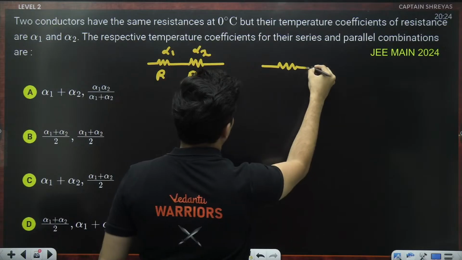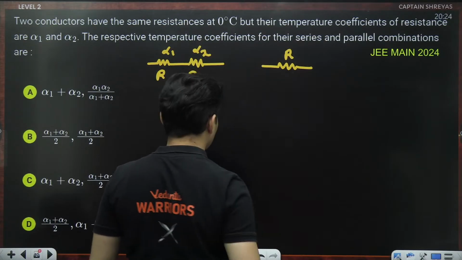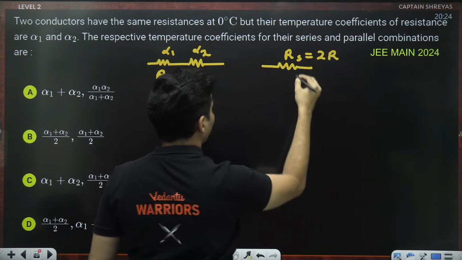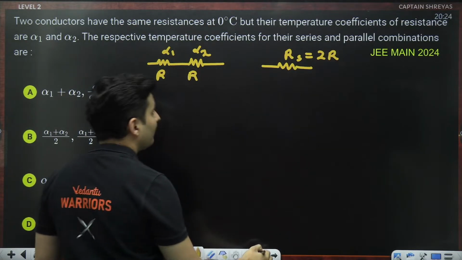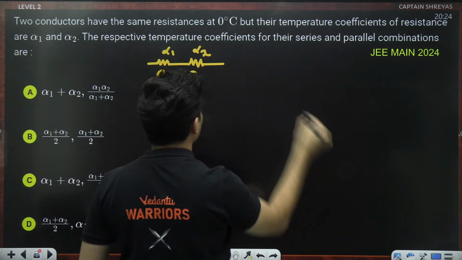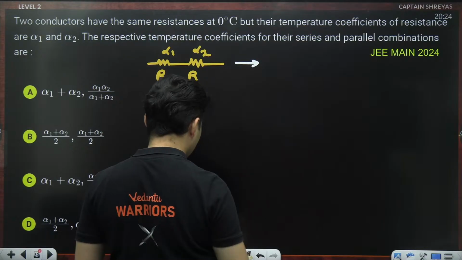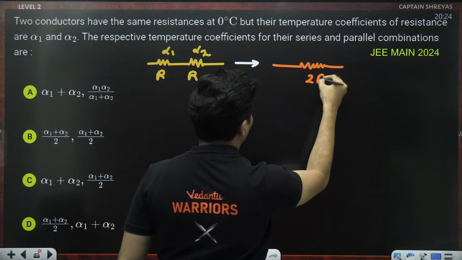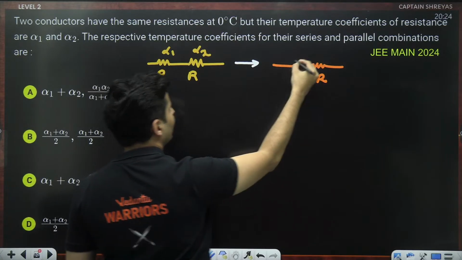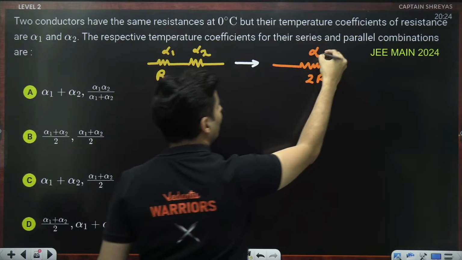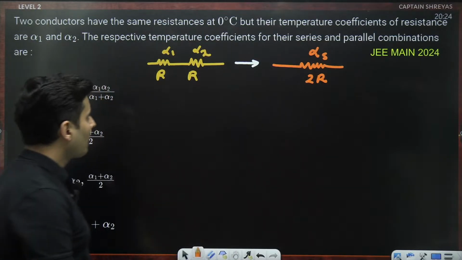I will rewrite it as one single resistance RS, which will now be basically 2R, but it will have, think about it guys, if I convert these two resistances into one single resistance, the one single resistance will have base resistance of 2R and equivalent thermal coefficient of, let's say, alpha S.